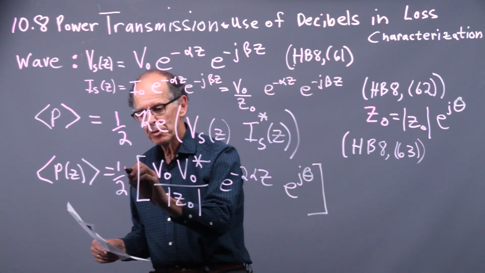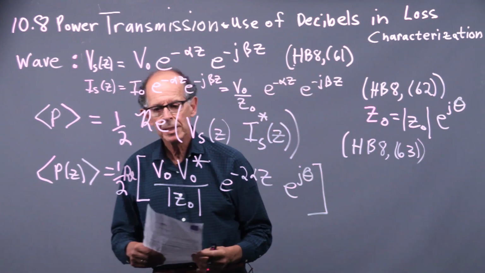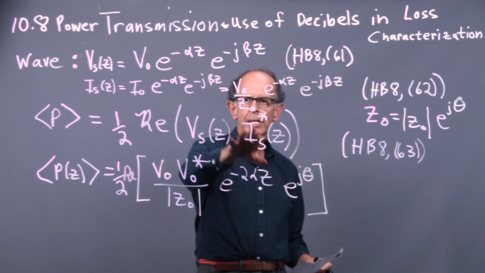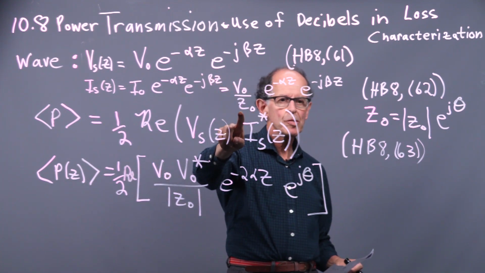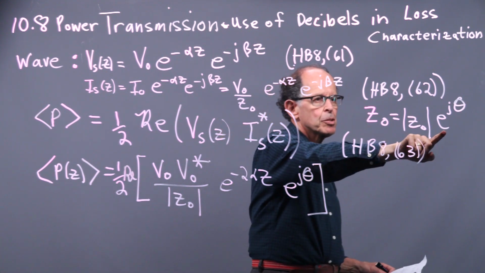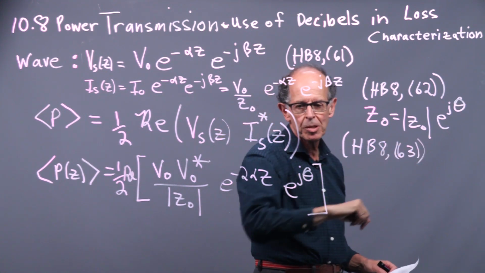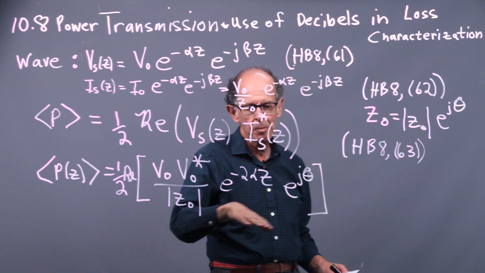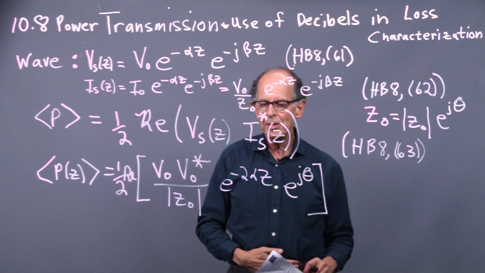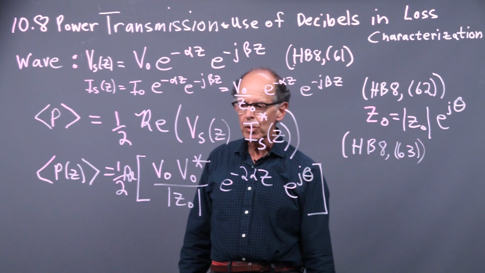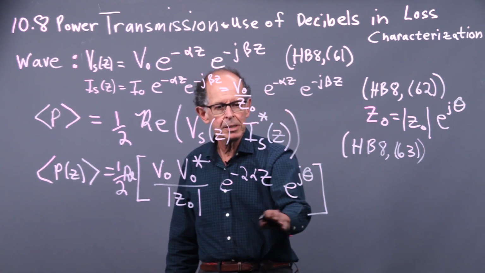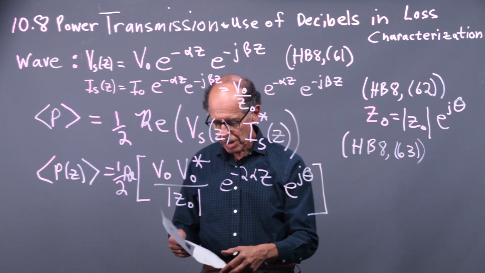Well, we forgot the real here, so let's put that in. The real part, what happens, of course, is this. These two cancel. This is in the denominator, and it's conjugated, so it's e to the minus j theta in the denominator, which is e to the j theta in the numerator. And of course, when we take the real part, all this is real. This is just going to give us cosine.